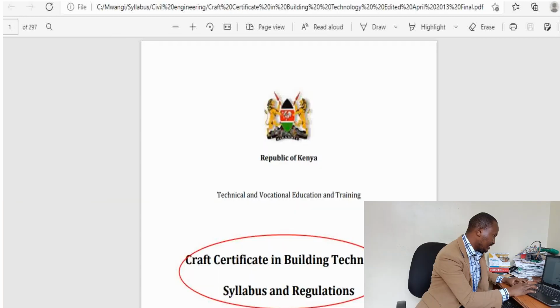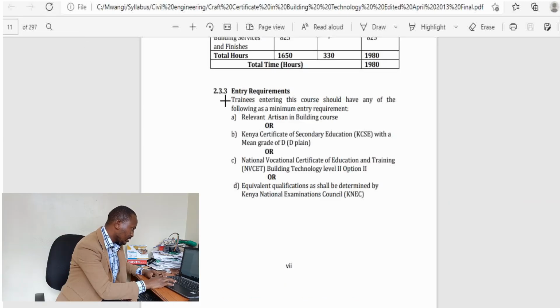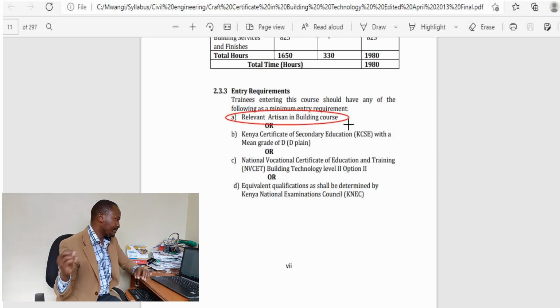Here I have the craft certificate in building technology syllabus. If we check the entry requirement for this course, you see to join this course, you can join with a relevant artisan, that is artisan in carpentry or artisan in masonry.